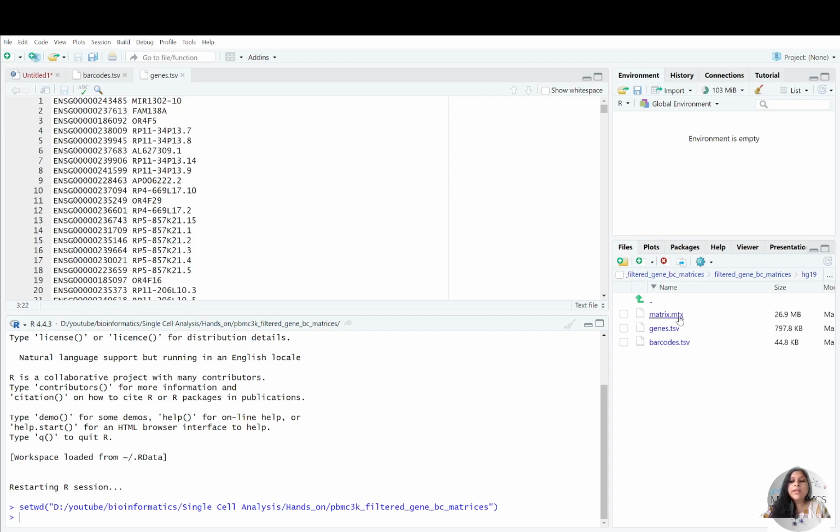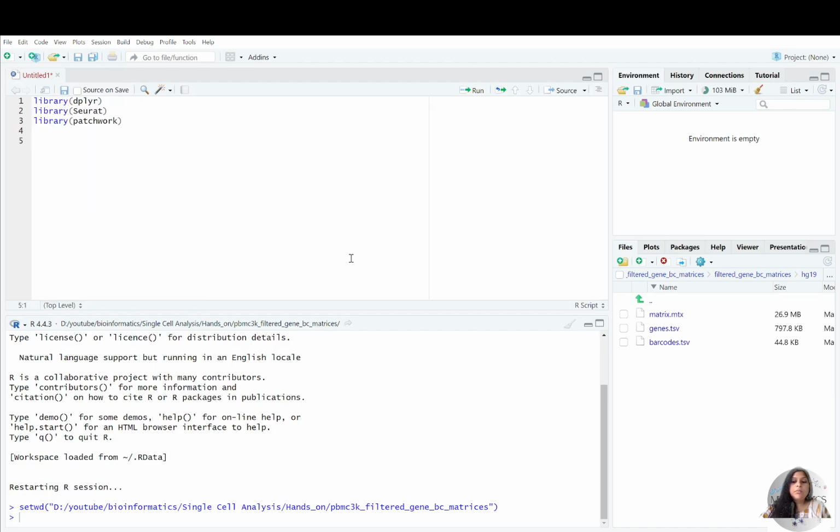Now matrix.mtx is a larger file, so we are not able to open it right now. So let us load this data. Now I have opened this directory as my current working directory, and with the help of code we'll load this data now.